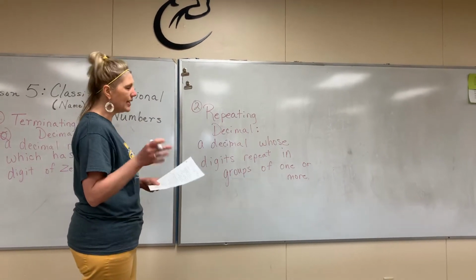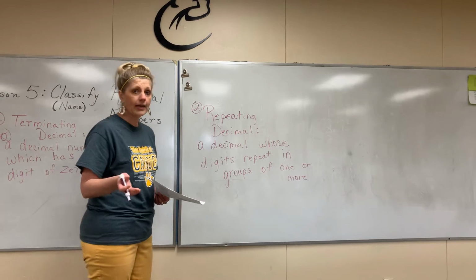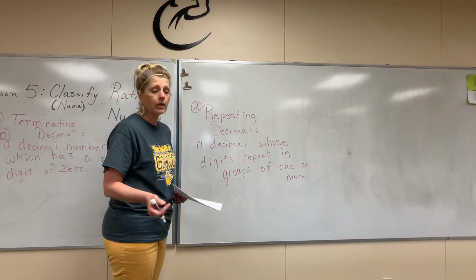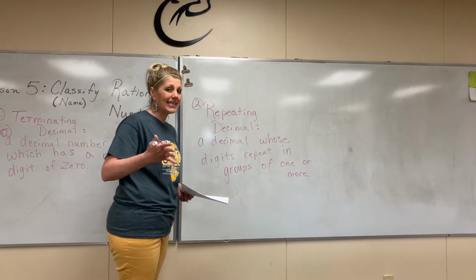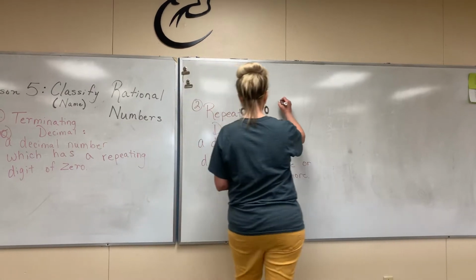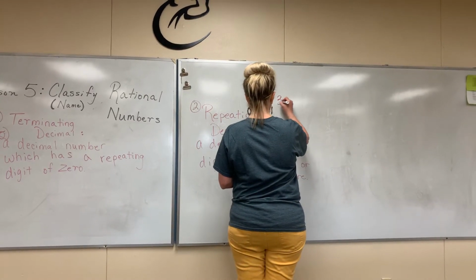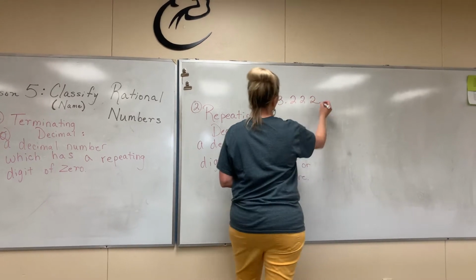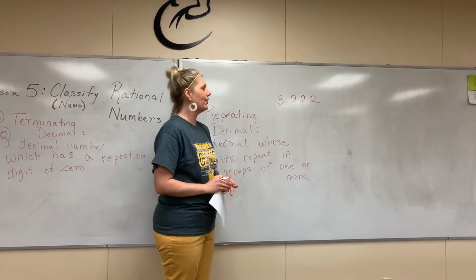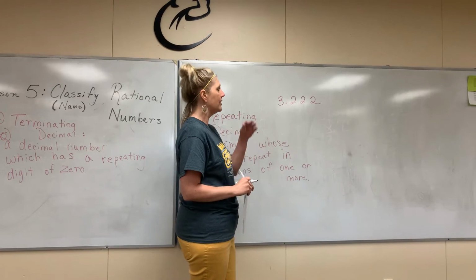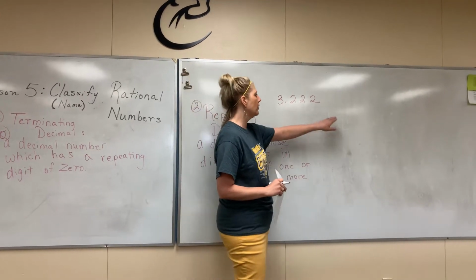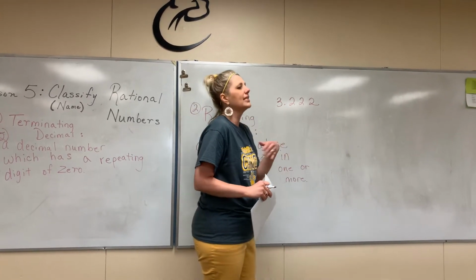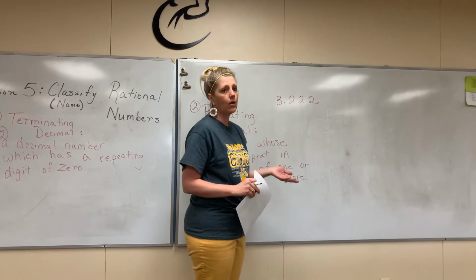Okay, so let's say, for instance, that you divided your numerator by the denominator, and you got this as the answer. 3.222. Now, Miss Lynn just stopped it right there, but if I was actually doing this and dividing, I would get another 2, another 2, another 2, and it just keeps going and keeps going and keeps going.